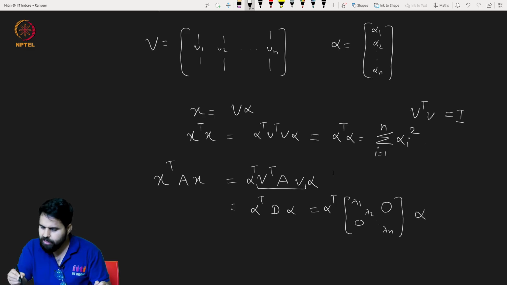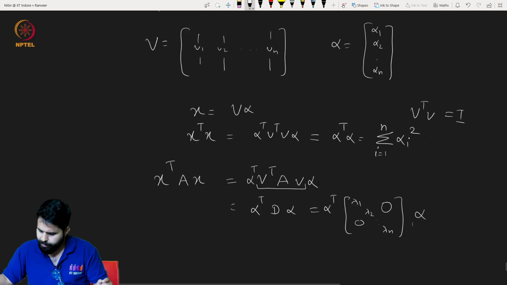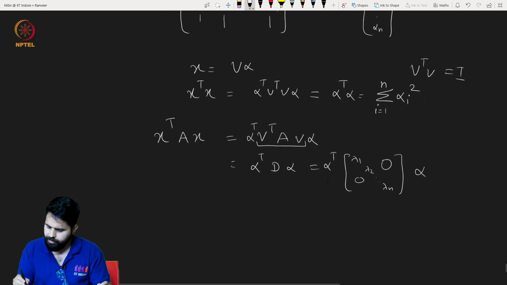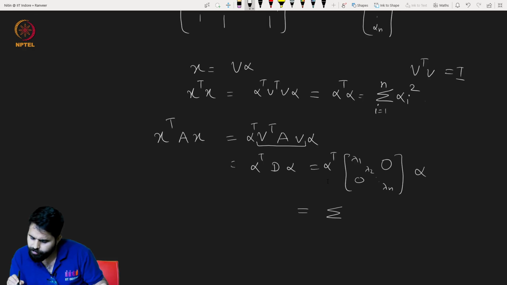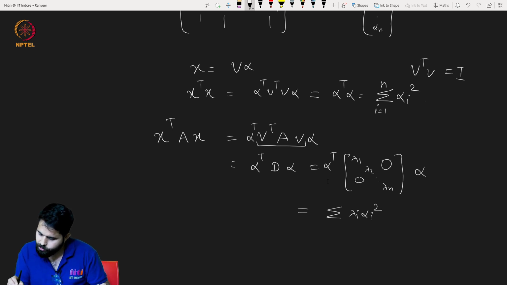Remember these are vectors, so if you do this calculation, this matrix multiplies with this vector, and the lambda i's will come outside, giving lambda i alpha i squared, with i equal to 1 to n.